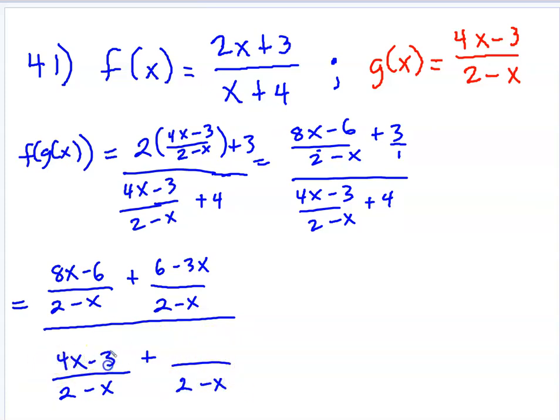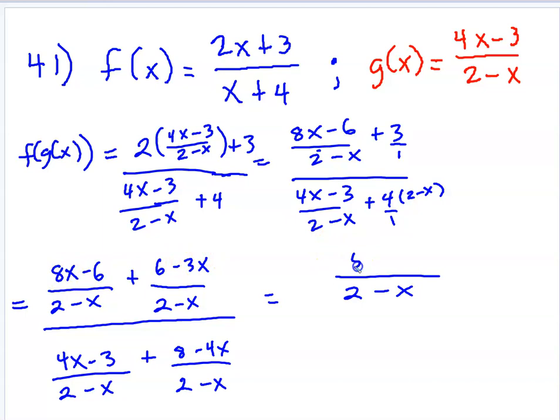So this doesn't change, but this one, if we divide 1 into 2 minus x, I get 2 minus x, and then you just take that result. 2 minus x then multiplies times 4. 8 minus 4x. Okay, now we can put these together, combine like terms in the numerators.